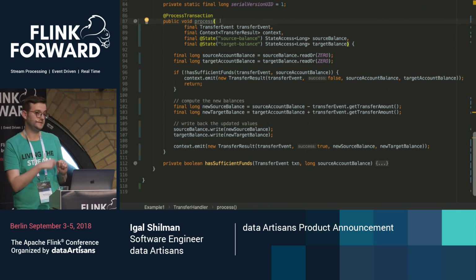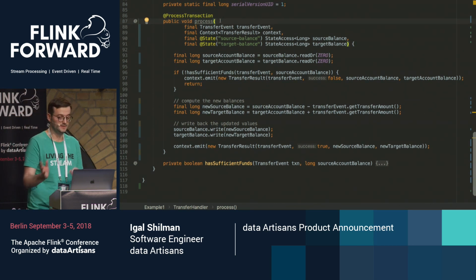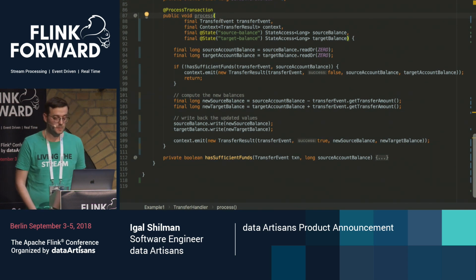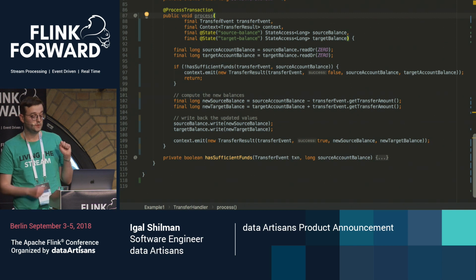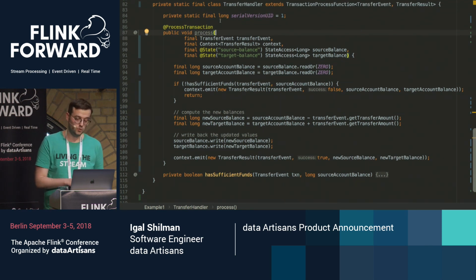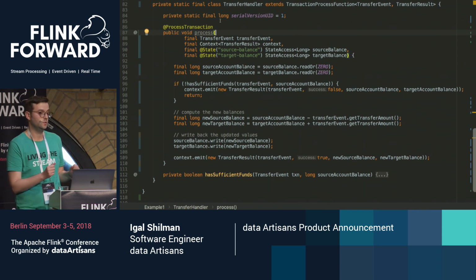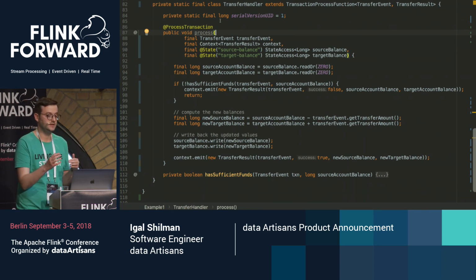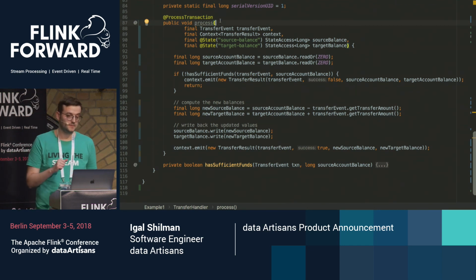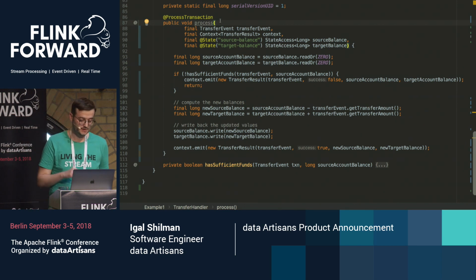The invocation will leave the state table in a consistent manner, and two concurrent invocations of this process function would be isolated from each other. So we will not see intermediate writes to the state access or anything like that. And the durability comes from whatever we are already expecting from Flink state durability here.